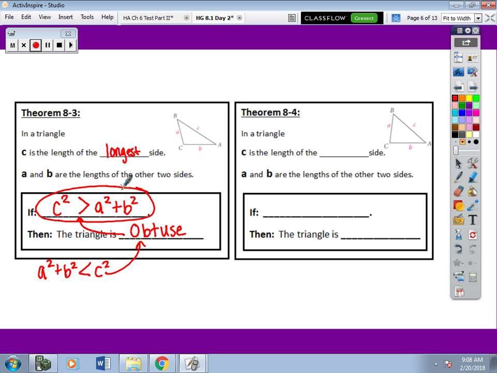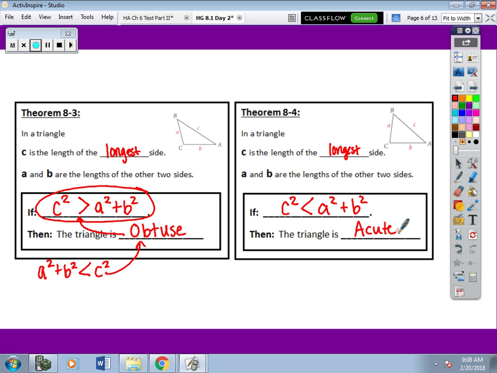Theorem 8.4 says, again, if you have a triangle and c is still the longest side, a and b are the two shorter sides, if c squared is less than a squared plus b squared, then the triangle will be acute. So you're able to classify a triangle based on its angles without knowing any of the angles, just knowing the side lengths.